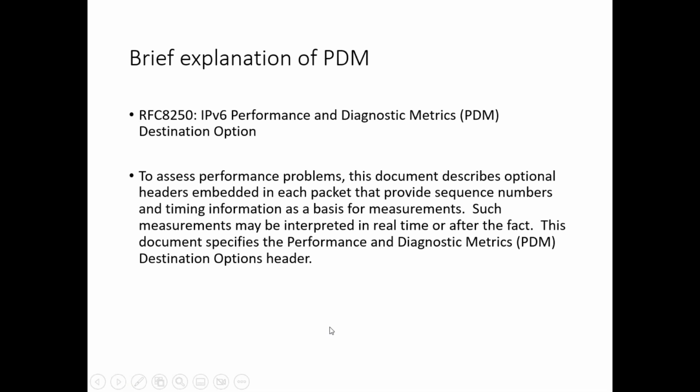So what is PDM? You can go up and look at RFC 8250. Essentially it embeds performance and diagnostic data. The idea is that we can see the sequence numbers that IP is using. It works across all the higher level protocols.